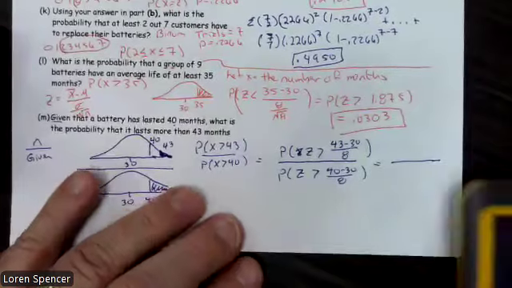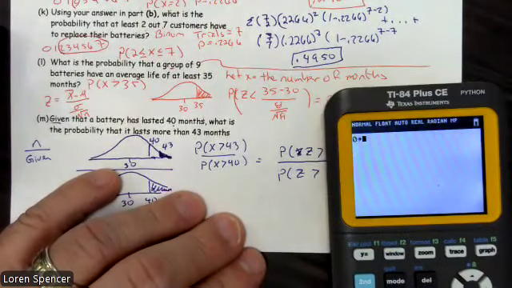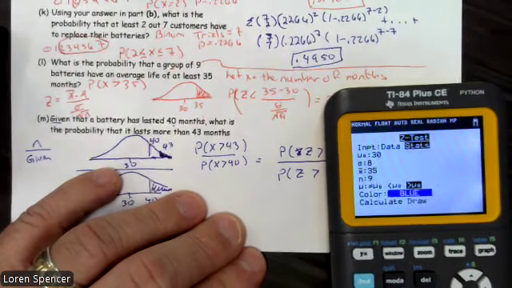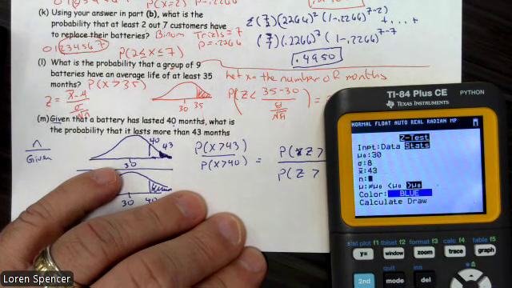So I'm going to end up with two z-scores, so I'm going to do this twice. Stat test, z-test. I'm going to change it to a 43, and we already have the greater than selected.